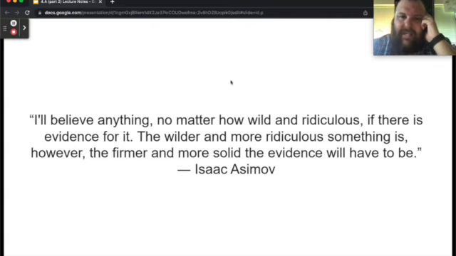Isaac Asimov, amazing sci-fi author. He says this: "I'll believe anything, no matter how wild and ridiculous, if there's evidence for it. The wilder and more ridiculous something is, however, the firmer and more solid the evidence will have to be." Right? So when you are making an argument in your paper, you have to back it up.